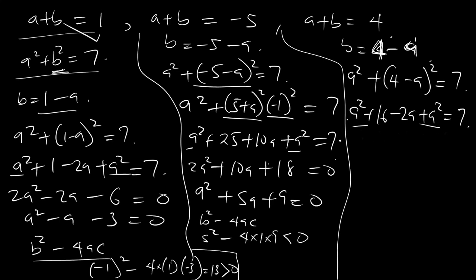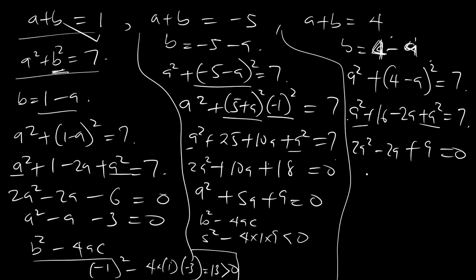So the like terms, you have 2a square minus 8a. Then if you bring 7 to this side, you have plus 9, which is equal to 0. So with this, you cannot divide. There is no common factor.